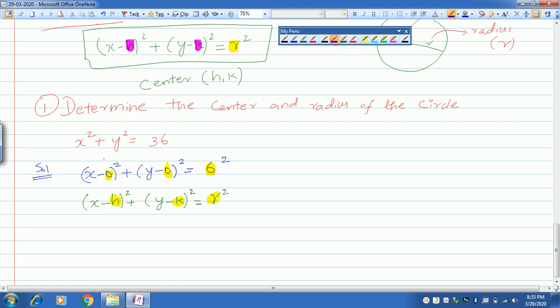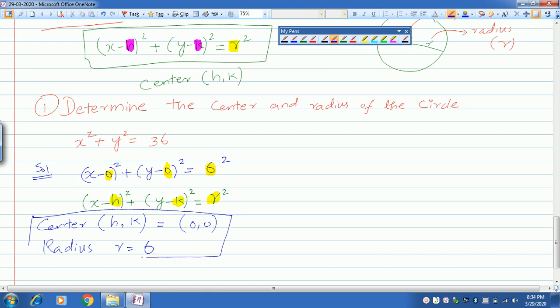So I write the answer here, center is given by h comma k, which is 0 comma 0. Radius is equal to 6. So this is the answer, just asking for the center and the radius.